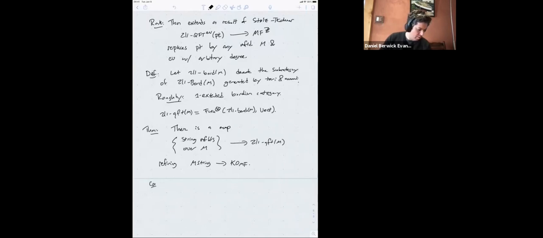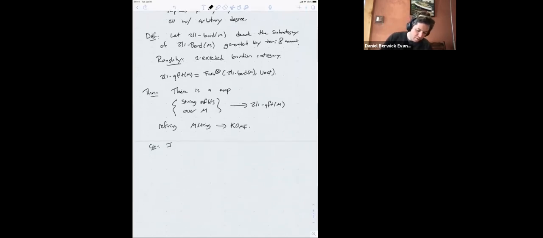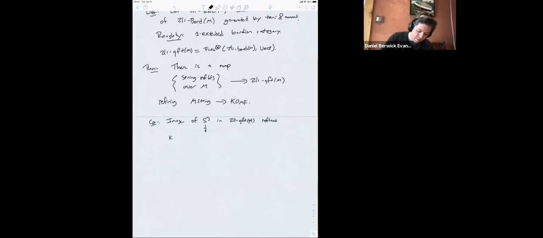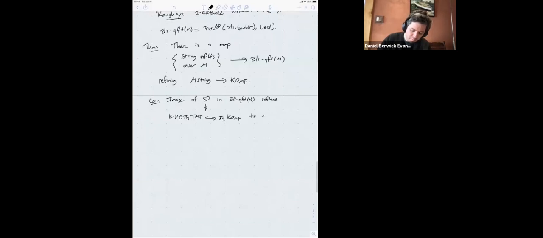So here's a corollary: the image of S3, so that's a string manifold over a point, in 2,1 QFT of a point, refines this generator nu, I'll write it as k times nu, in pi 3 of TMF, which sits inside of pi 3 of KO-MF, to a field theory.